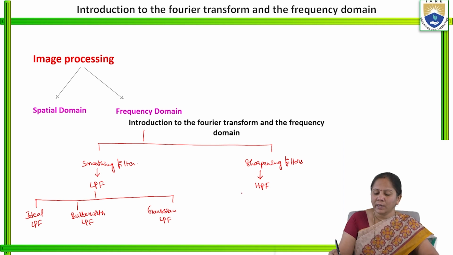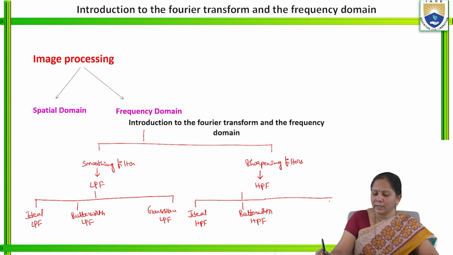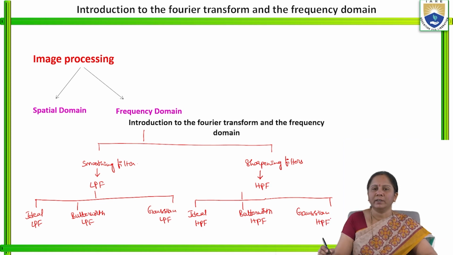In this case also, for high pass filters, we have different categories. The first one is the ideal high pass filter, then the Butterworth high pass filter, and the last one is the Gaussian high pass filter.